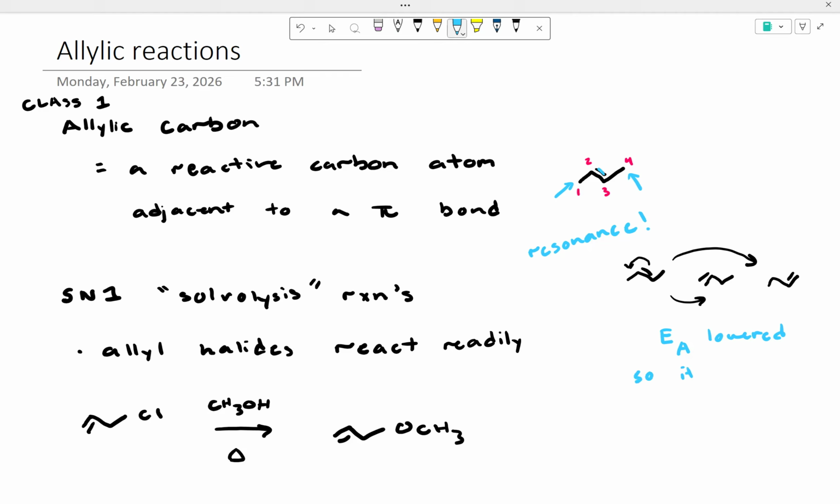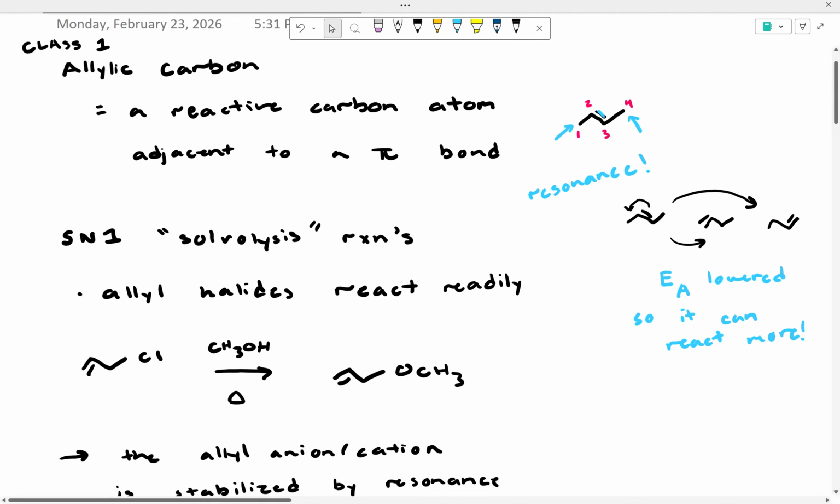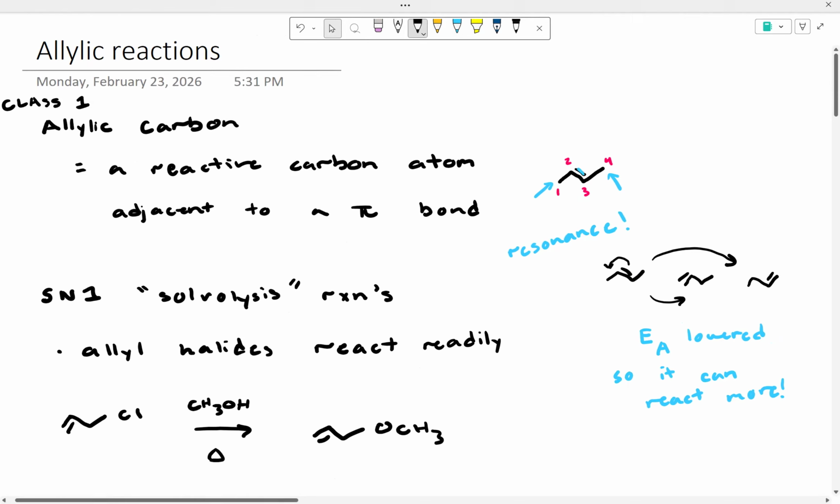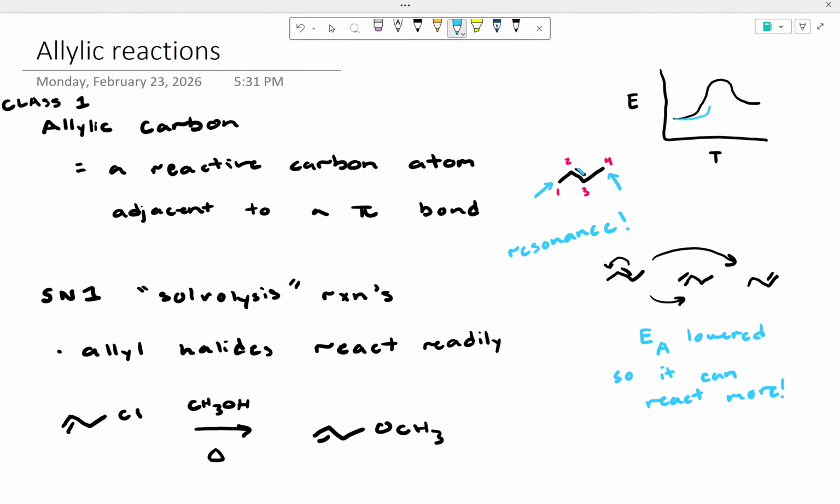So it can react more. Another way to illustrate that is, let's say we have our time versus energy graph. This may be a normal reaction, but for allylic carbon, this initial hump is a lot smaller, so then it can react more.